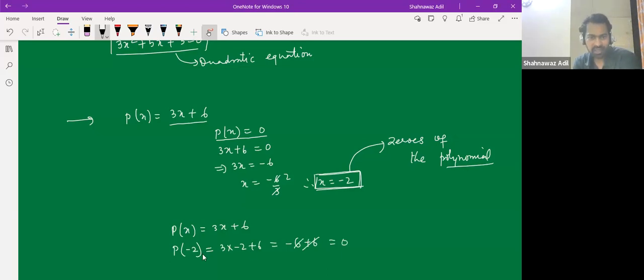So that is why minus 2 is a zero of the polynomial. But if I put x other than minus 2, will I get 0? No, sir. So that is why we call these values the zeros of the polynomial. And these are related with the degree of the polynomial.